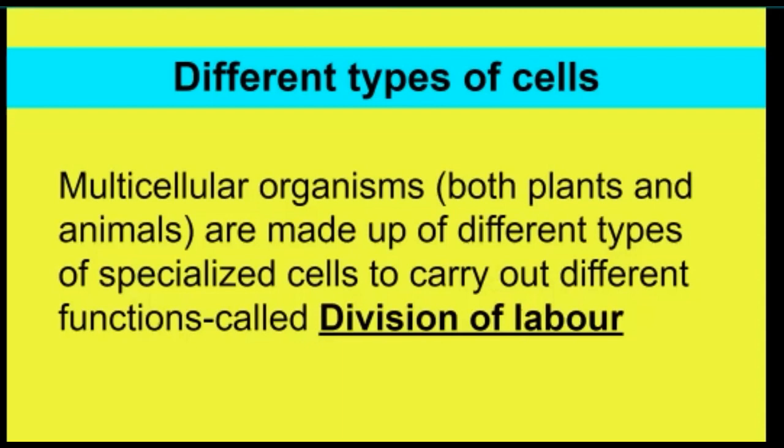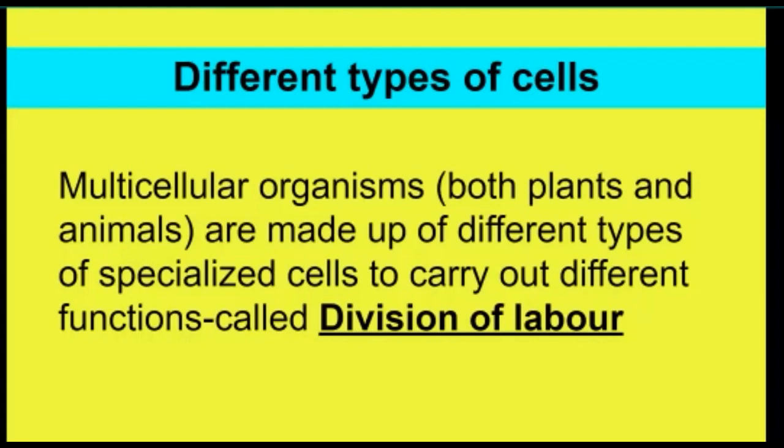Now, different types of cells in multicellular organisms, both in the plants and the animals. Multicellular organisms are made up of different types of specialized cells which carry out different functions. For example, if you look at humans, the skin is made up of different types of cells.